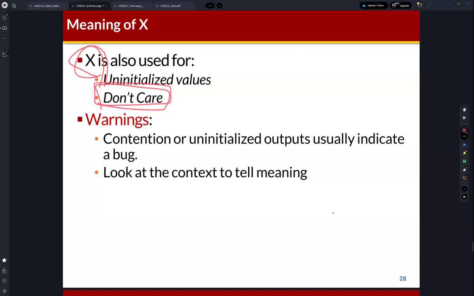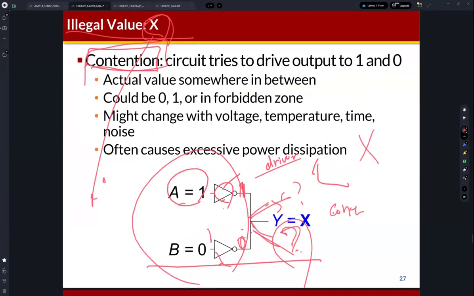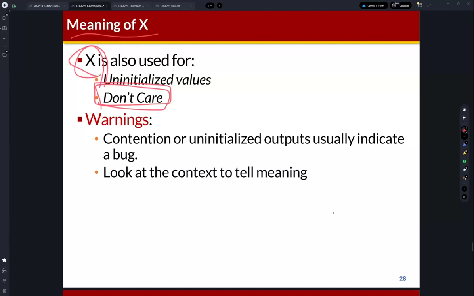So in a circuit, we use X for representing contention, but we can use X for different cases, like the don't care in the Karnaugh map. We will also learn about Verilog, a hardware description language, and in HDL we can use X for representing an uninitialized value.